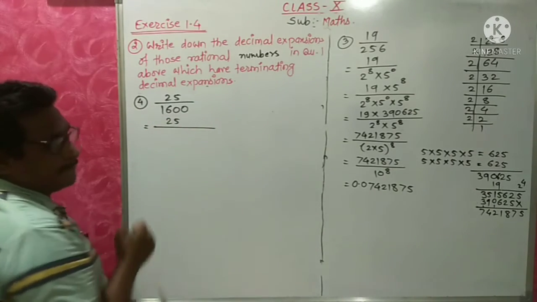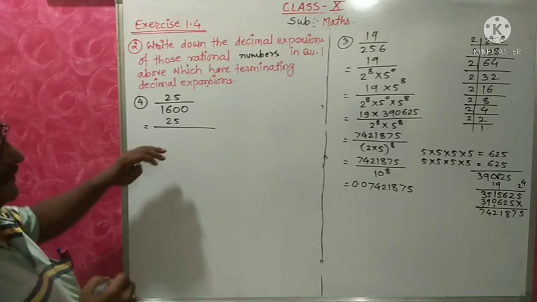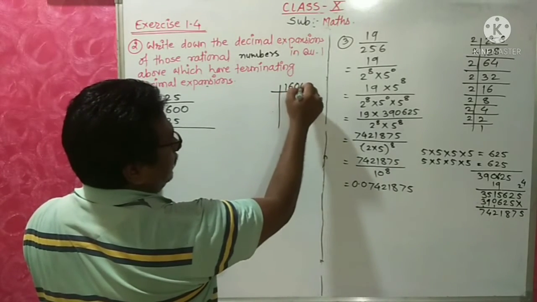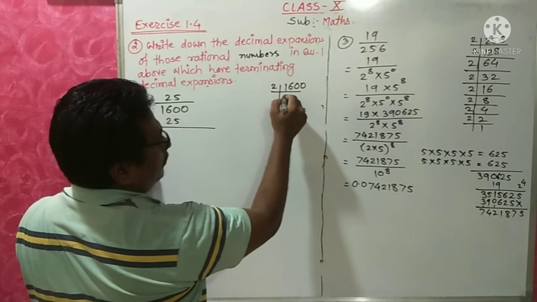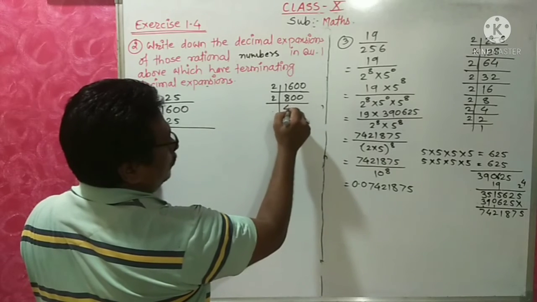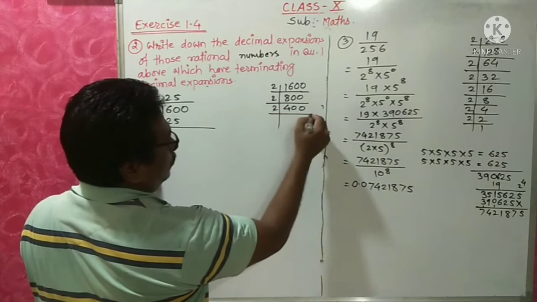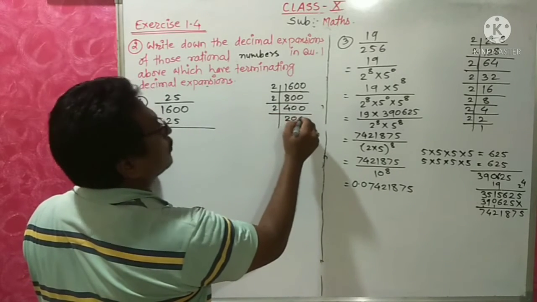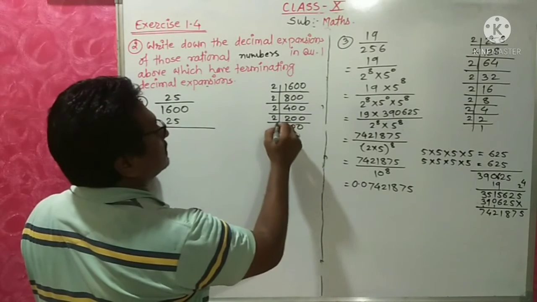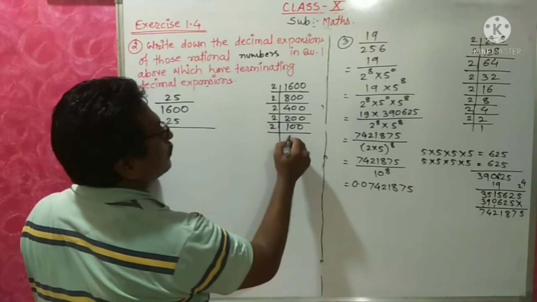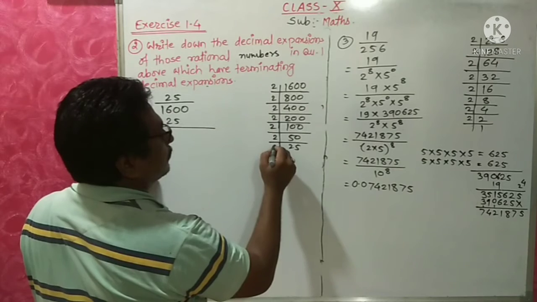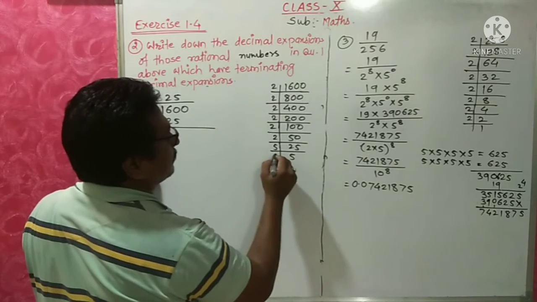What are the prime factors of 1600? 2, 8 are 2, 4 are 2, 2 are 2, 1 are 2, 50, 2, 25, 5, 5 are 5.